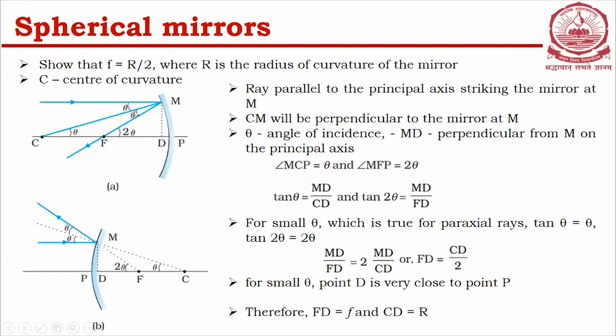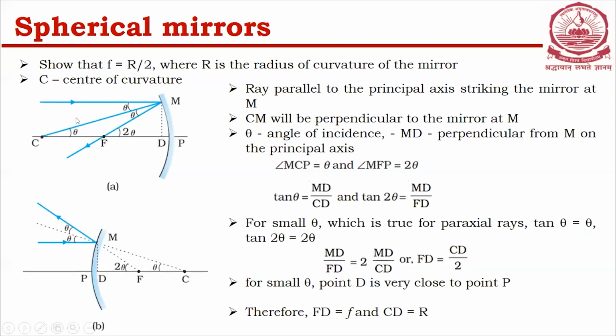Here MD is the perpendicular distance from M on the principal axis. This is the actual perpendicular we have drawn. So if you consider the angle MCP, this is theta.